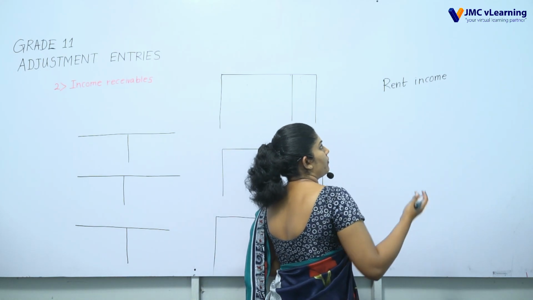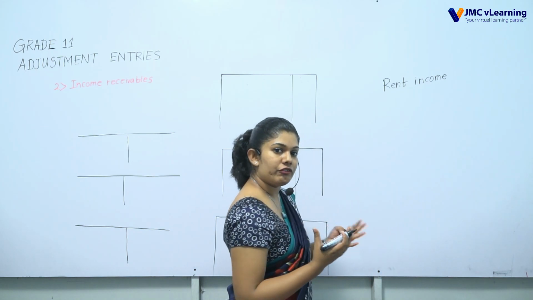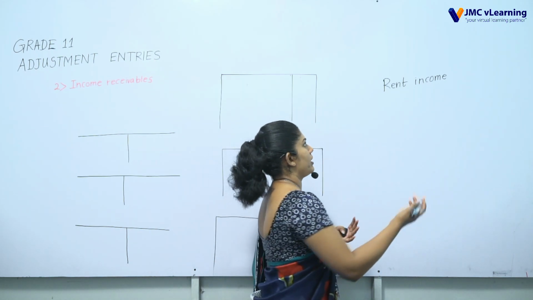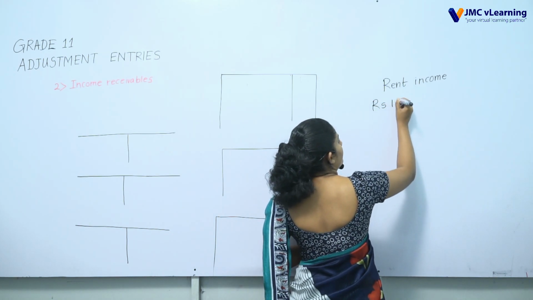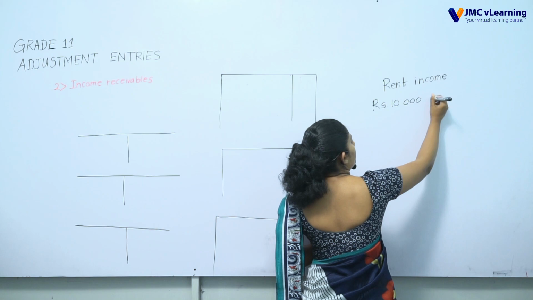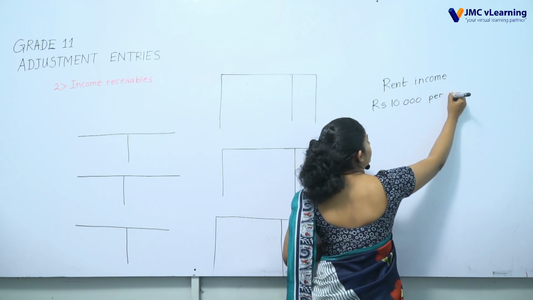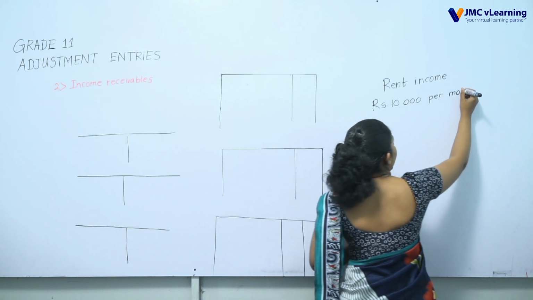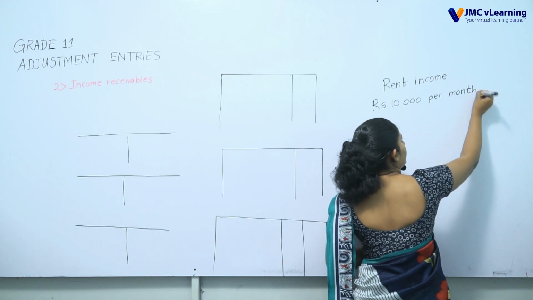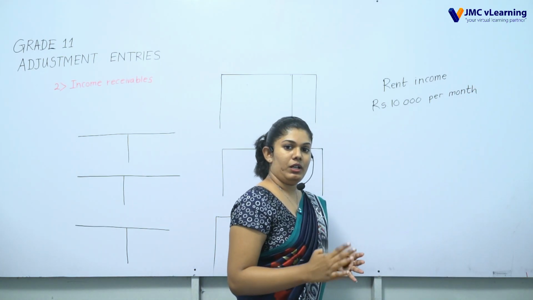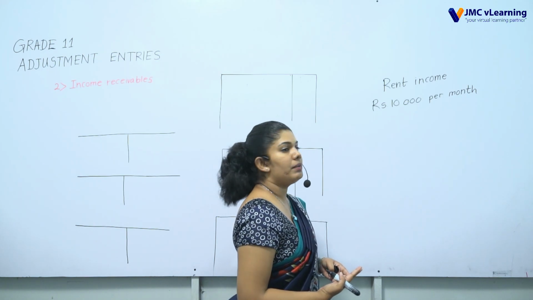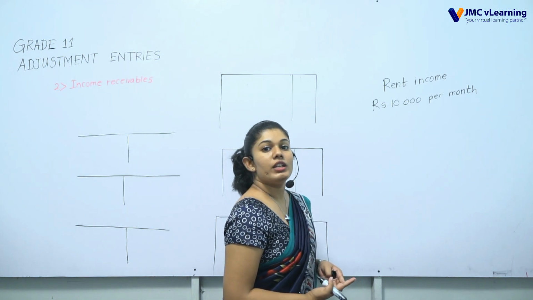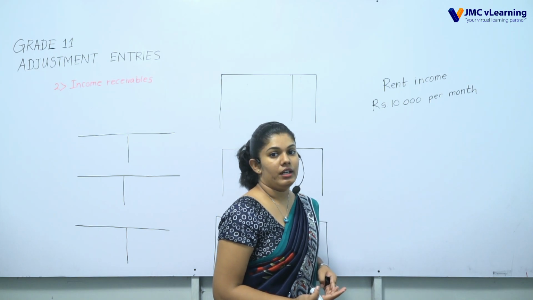We have rented part of our business and we are charging, we'll say, 10,000 per month. The people who are staying in our premises have to pay us 10,000 per month, and we have 12 months per period.